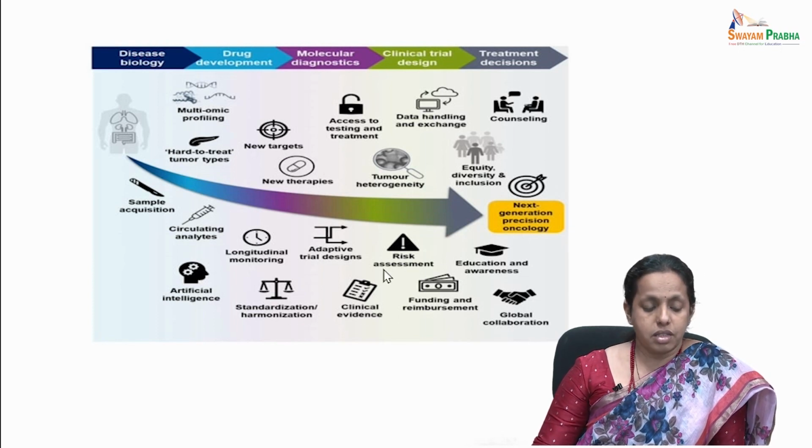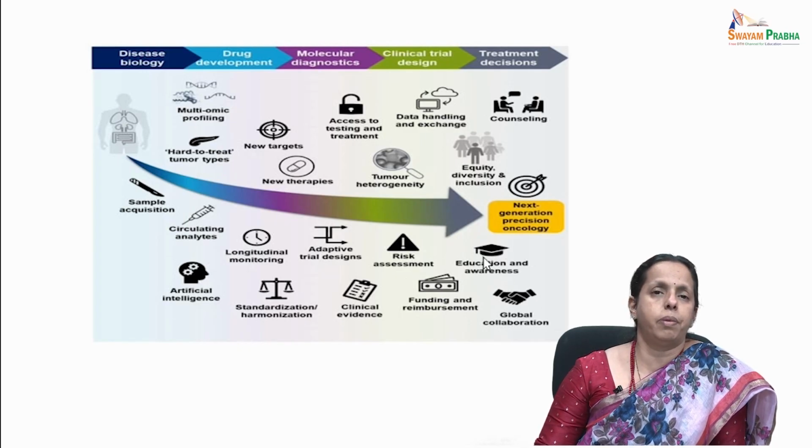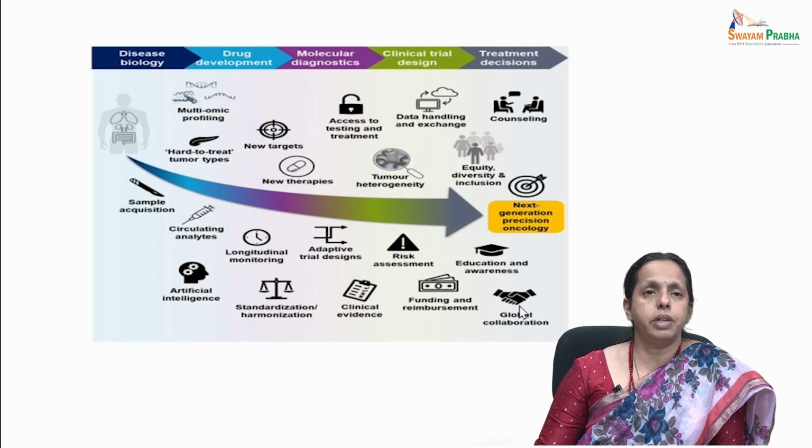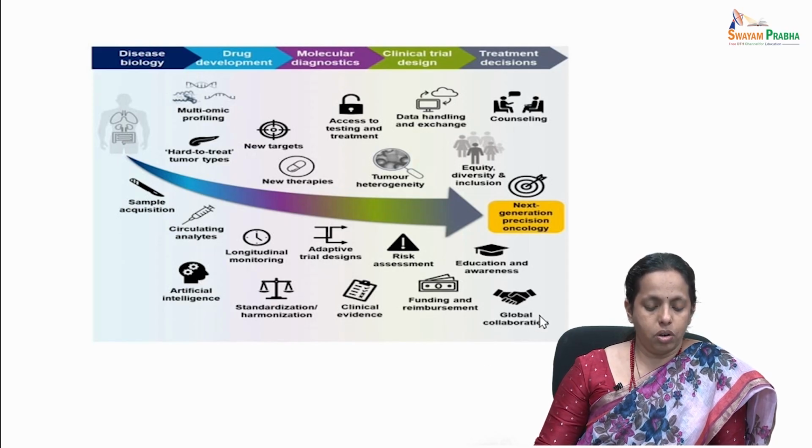Or are there any risks associated with this particular precision oncology, maybe the drugs? Yes, the patient should be aware, and it should be done not only in one set of populations or in one set of countries. It should be done across global collaborations.